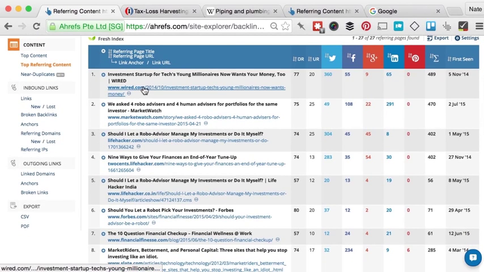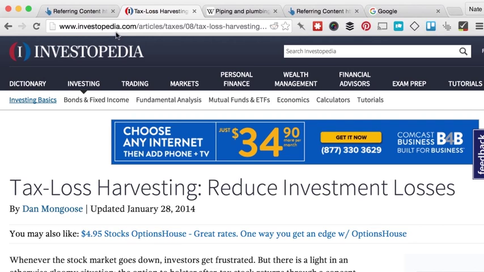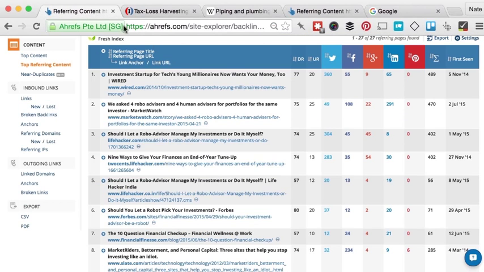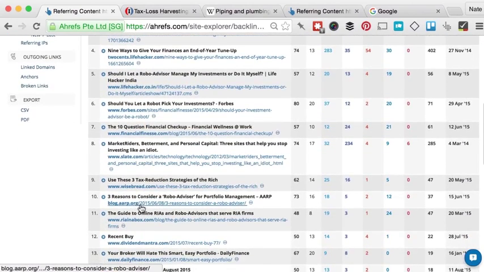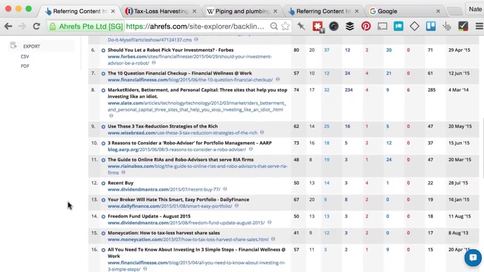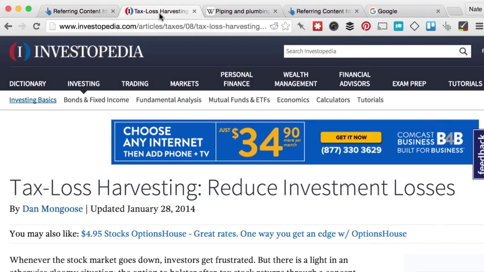So you have links from Wired to an Investopedia article about tax loss harvesting, MarketWatch, Lifehacker, Forbes, Wisebread, the AARP, Random Box. Again, you go through, look and see who's writing this and why they linked to it.